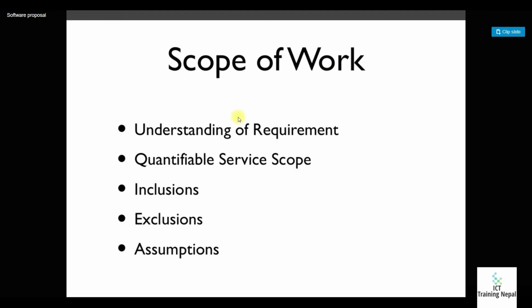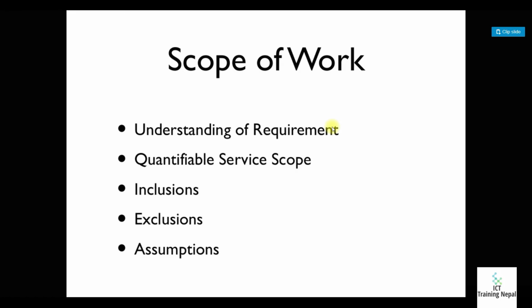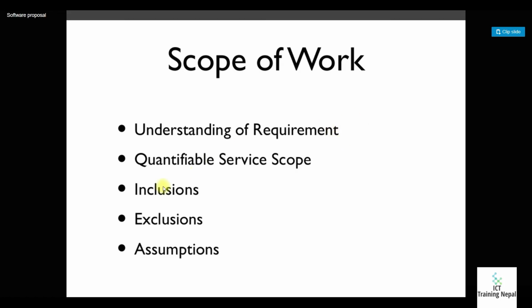So in the scope of work, there should be the understanding of the requirement, the quantifiable service scope, the inclusion, the exclusion, and the assumptions. These all fall under the scope of the work.